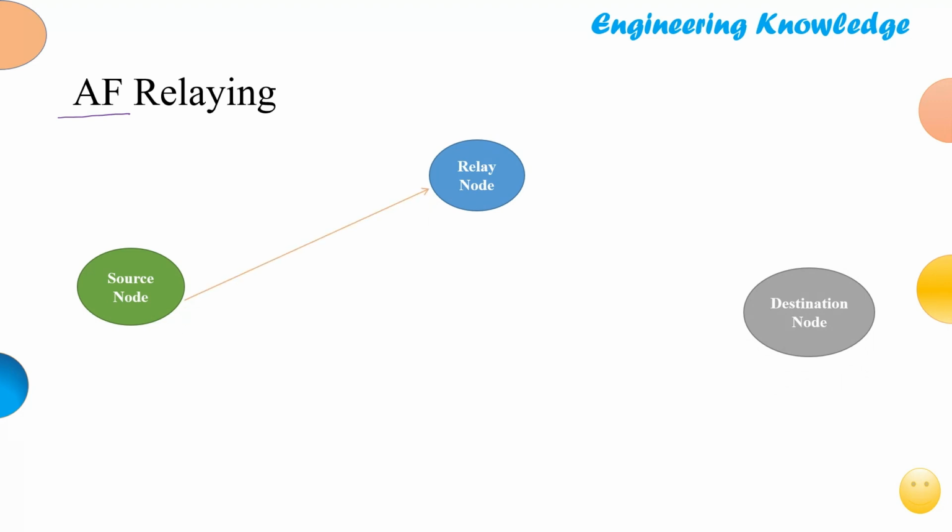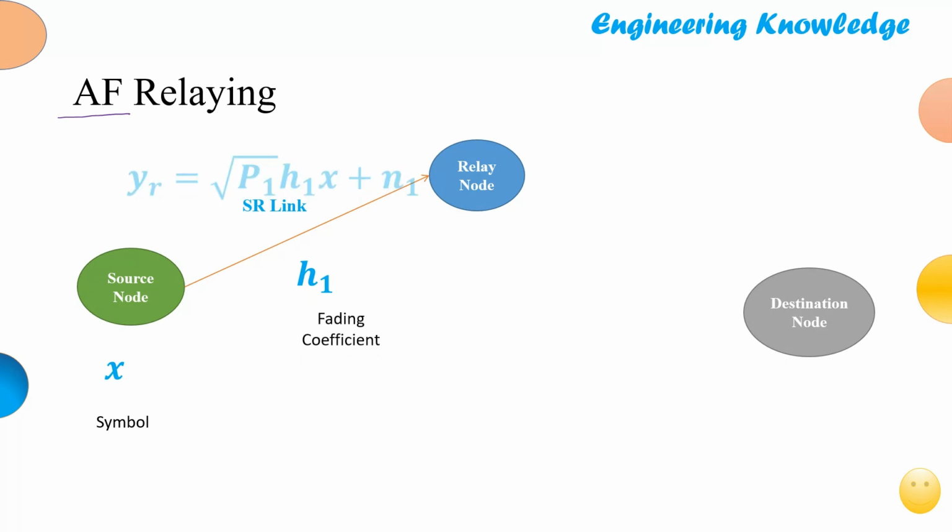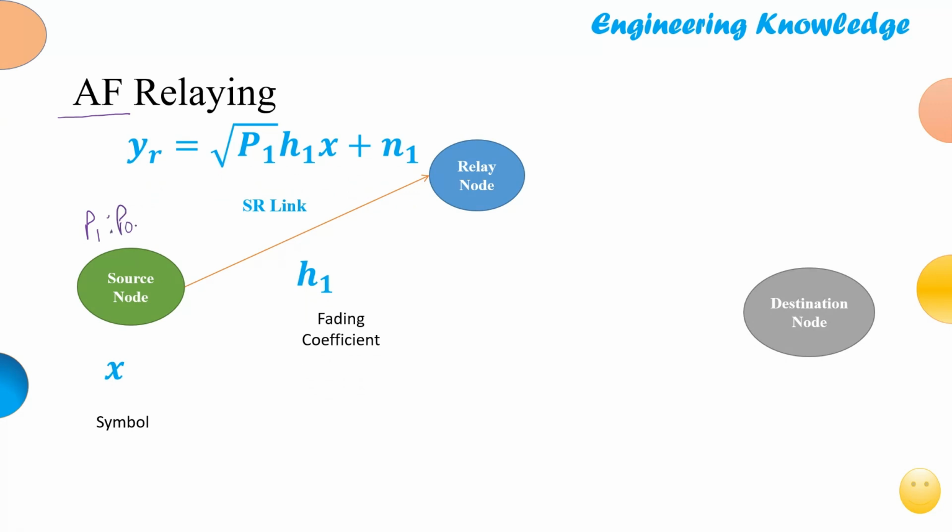The first link is the SR link, which is the source to relay link, where it sends the information symbol X over a channel having a fading coefficient, say H1, and the signal is received at the relay node. Suppose power P1 was used. So if P1 power was used, the equation will become square root of P1 into H1 X plus N1.